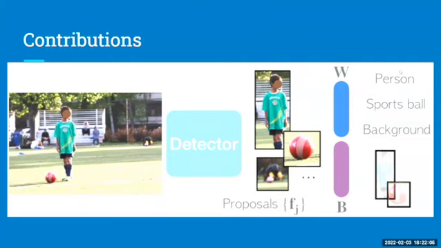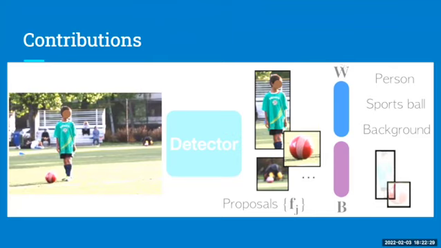If you look on the right side here, the classification labels are the labels person, sports ball, and background. The refined box location is down here on the bottom right, where it defines the exact bounding box for each object.